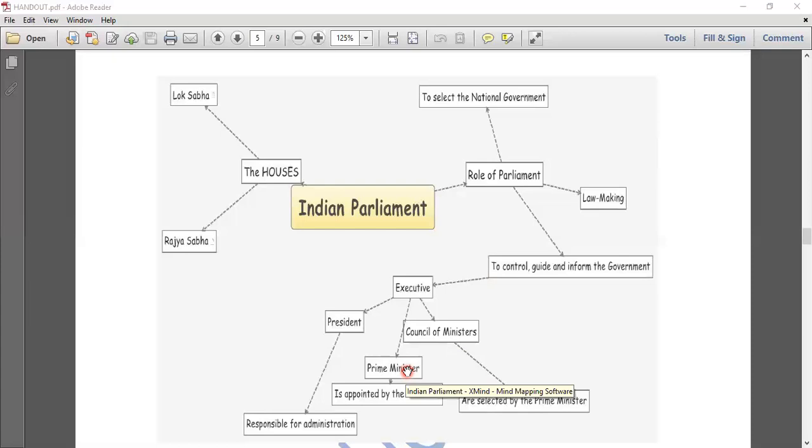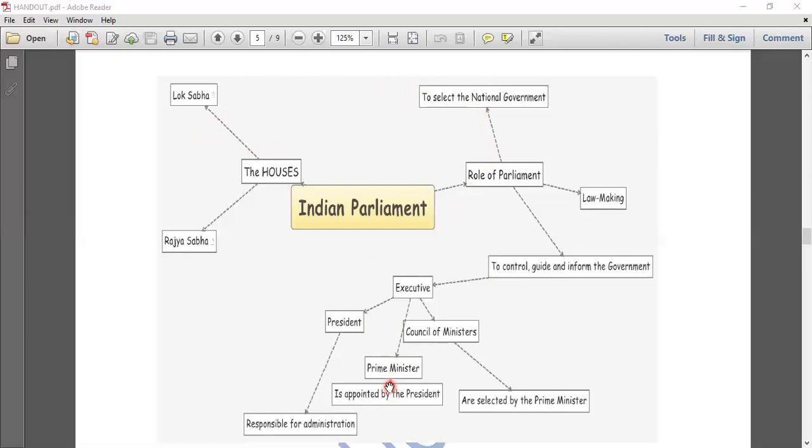Now, when the BJP got the majority, there was a leader of this BJP group. Who was the leader? It was our current prime minister who was leading the entire BJP at that point of time. He was the head of the BJP, right? And so once his party won the majority of the seats, they formulated the national government, and the head of that party became the prime minister.